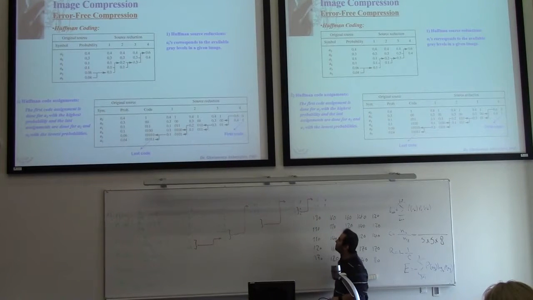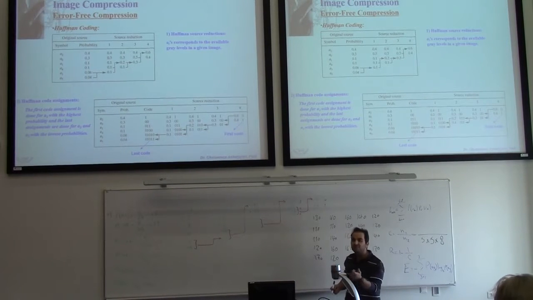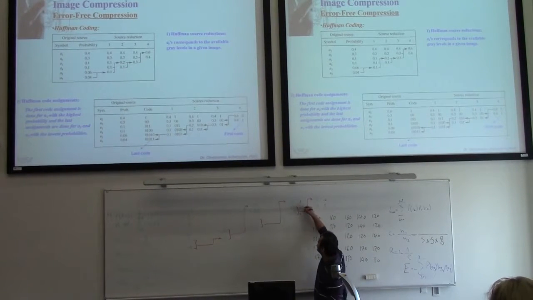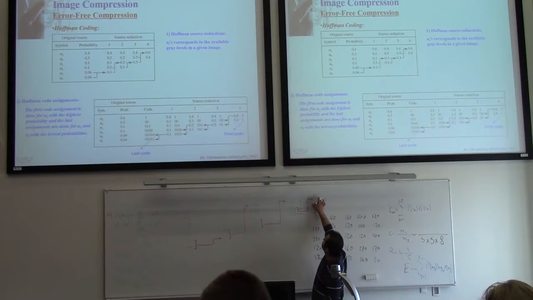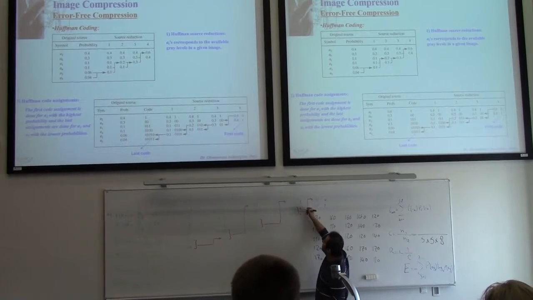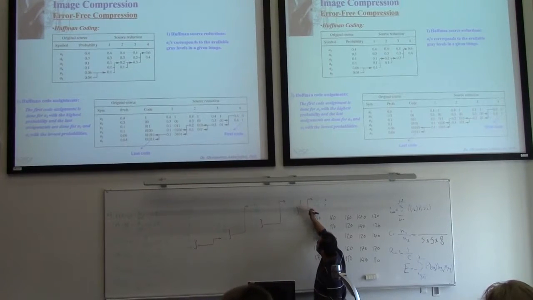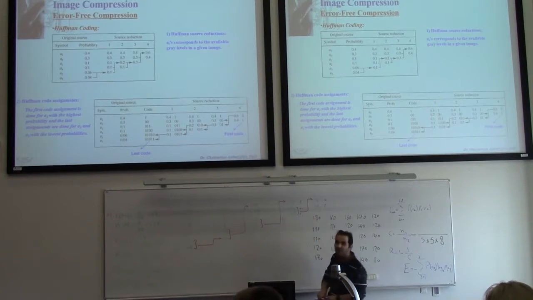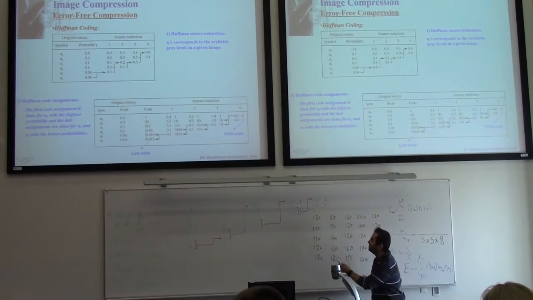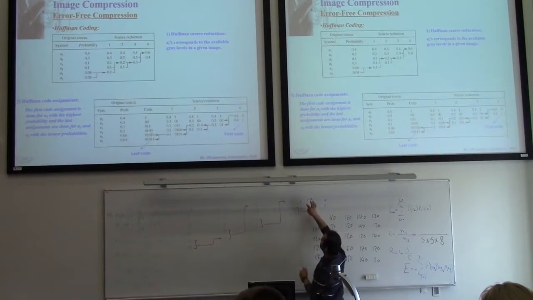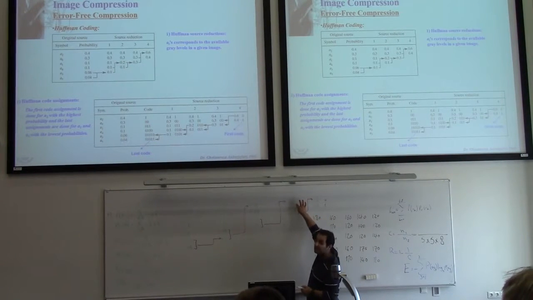Then, in this step, we have to assign one more bit to each one. This value is the combination of these two. We have to assign 0 to the highest probability value and 1 to the lowest probability value. Okay? And in this step we assign 1 bit to the highest value, and for the rest we have to assign 2 bits.